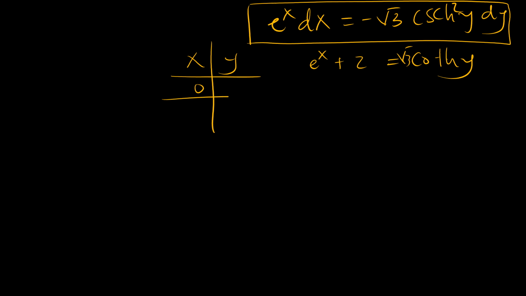So when x equals 0, this means e to the power 0 is 1 plus 2, so we have 3 over root 3. So we have the inverse or arc hyperbolic cotangent of root 3. And then as x tends to infinity, this entire part tends to infinity.